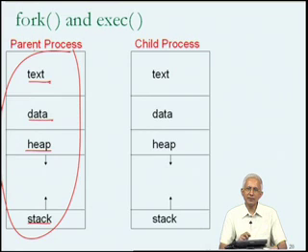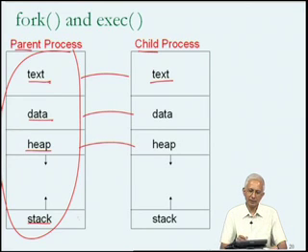We just learned from the previous slide that after the fork is done, I have two processes, the parent and the child, and both continue execution from the point at which the fork returns. So let's just look at a code example. So at this point, from what I've told you, the child process starts off with the same text as the parent, the same data as the parent, the same heap as the parent, and the same stack as the parent. It's basically identical to the parent as far as its memory image is concerned.